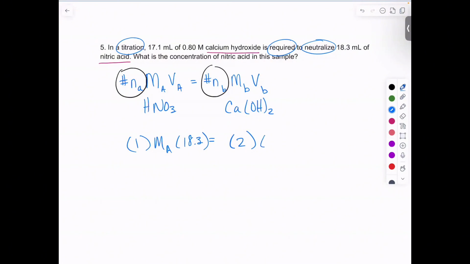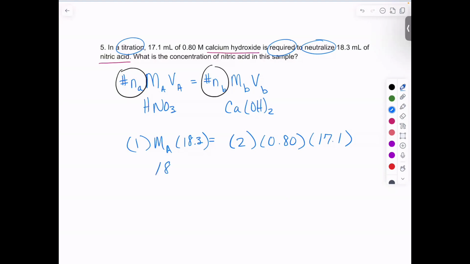And then we do have our molarity of base. That's the 0.80. And then of course we have 17.1. We could divide the 17.1 and the 18.3 by 1,000 to represent liters, but you'd be doing it on both sides, and it's just going to cancel from a mathematics perspective. Don't worry about it. All right, so we have 1 times MA times 18.3 on the left.